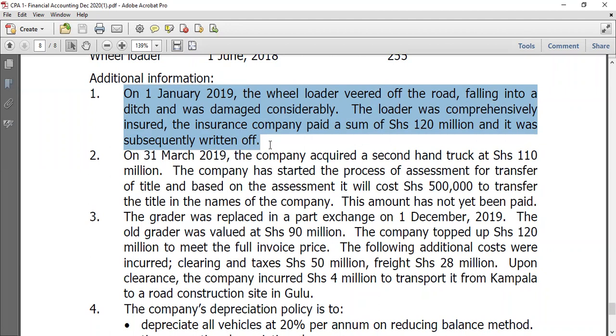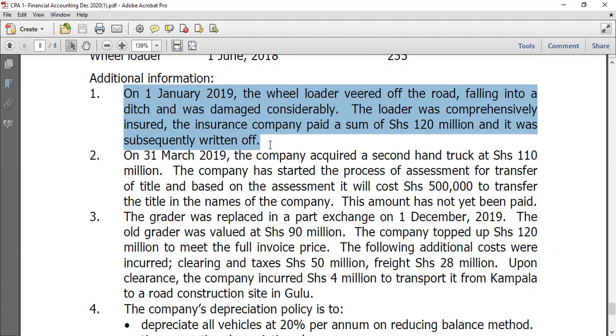Now, one of the things that you need to know, especially when it comes to assets or inventory, is that when assets or inventory is insured and it gets an issue, we have two things.